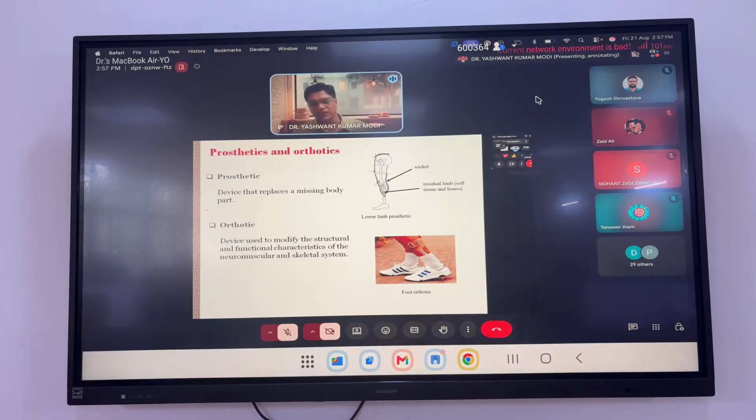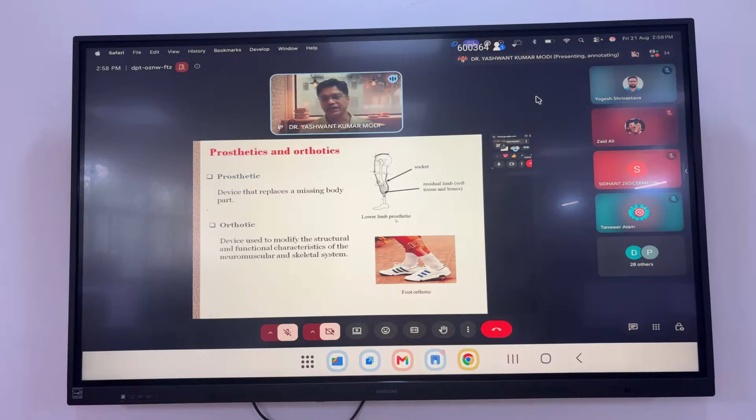Implants are kept inside the human body, whereas prosthetics are useful to replace or support any missing body part. Suppose a person lost his lower limb, then an artificial limb may be there. So an artificial limb is basically a prosthetic device, and an orthotic is basically used to correct some deformity or support some inability of the human being.